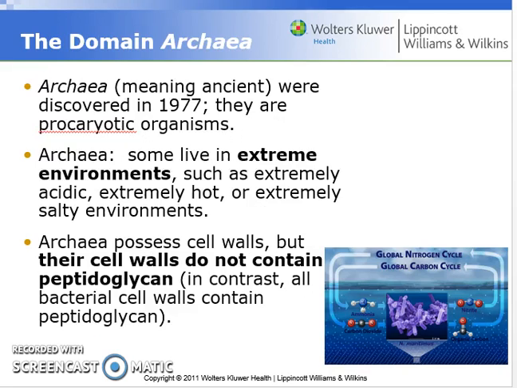undertake. And then lastly, we have the archaea group, and archaea means ancient. So these are among the older lineages of our prokaryotic organisms. And they were discovered in 1977. As I said many times, these organisms are still prokaryotic, which is why we're discussing them.